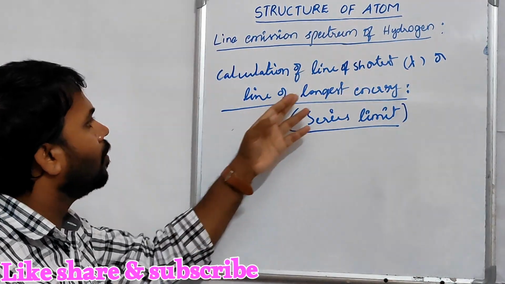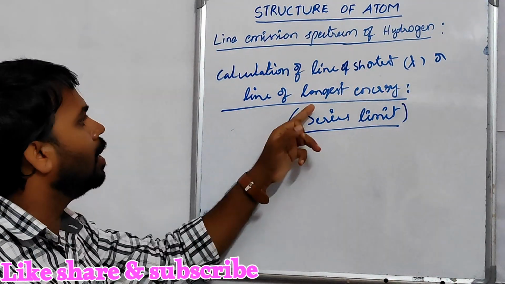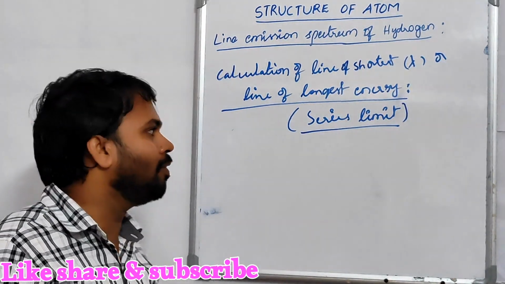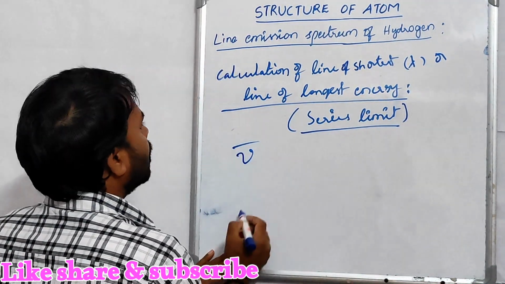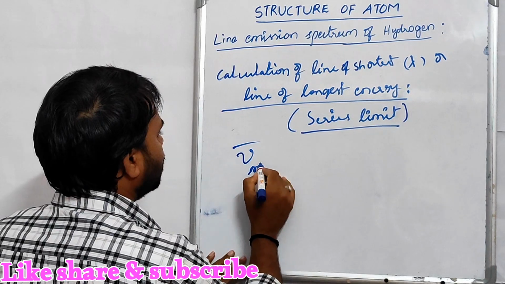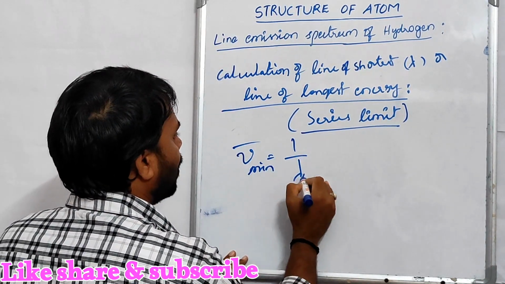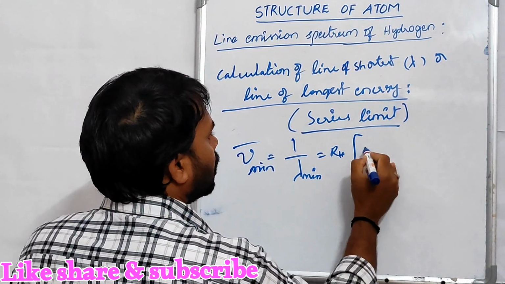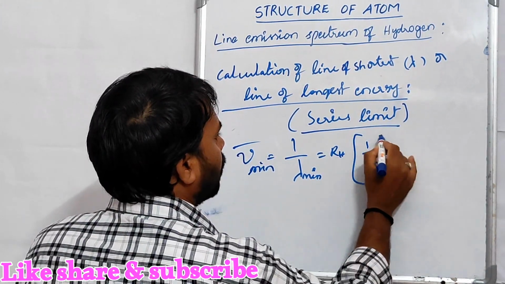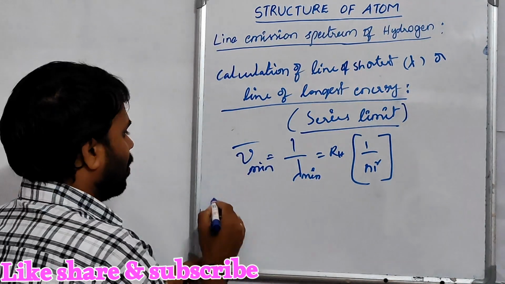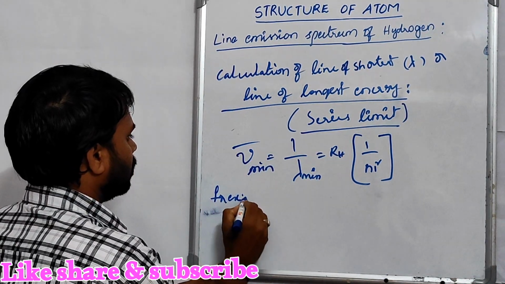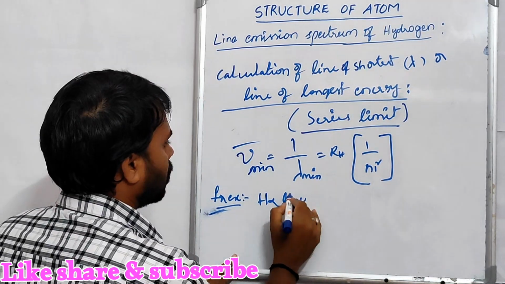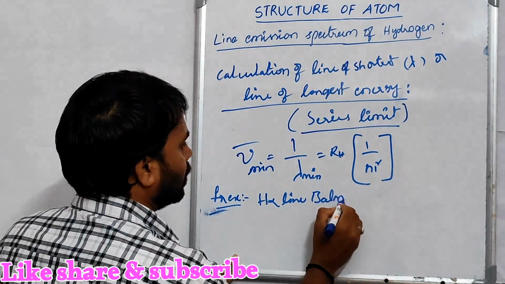Let's see the calculation of the line of shortest wavelength or line of longest energy. It is also called the series limit. We have a formula for that. Nu bar minimum, that equals 1 by lambda minimum, that equals Rydberg's constant into 1 by N1 square. For example, the H alpha line of the Balmer series.